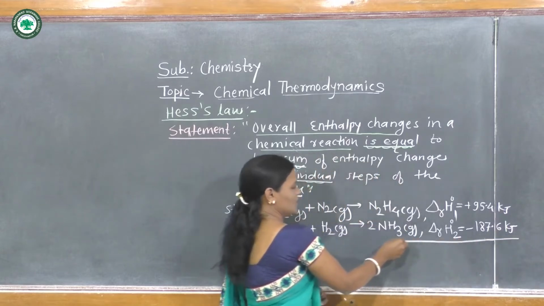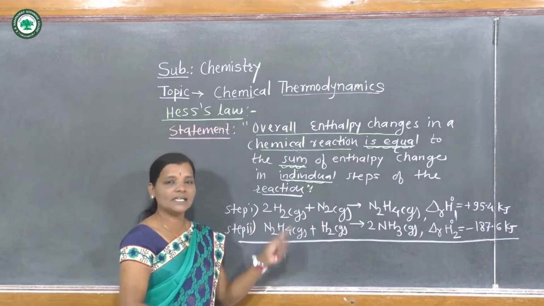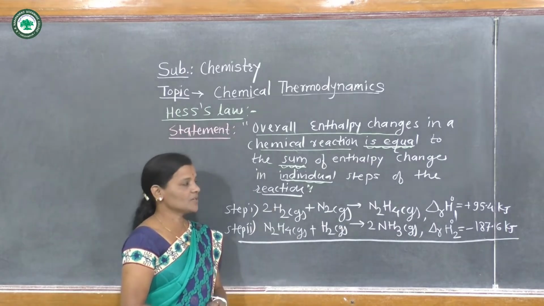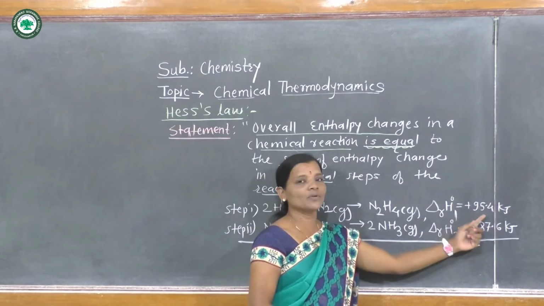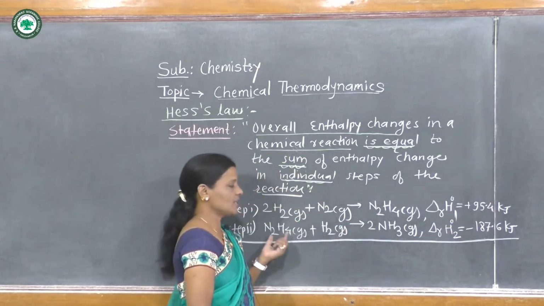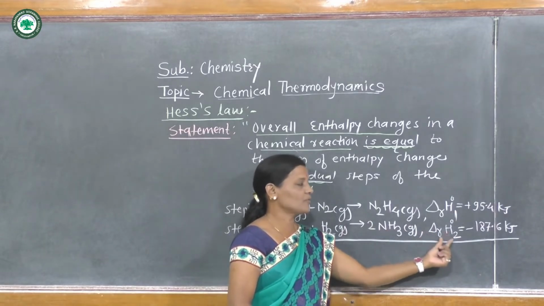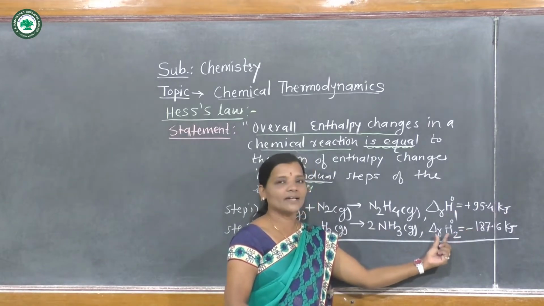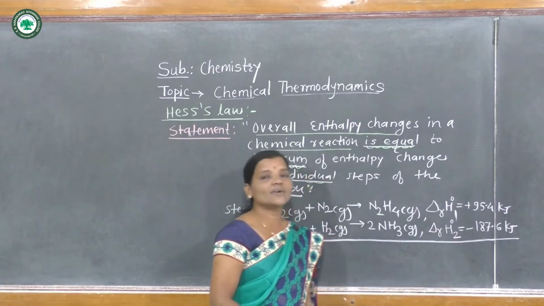So the formation of ammonia takes place in 2 steps, and in the first step the enthalpy change is found to be 95.4 kilojoule, and in the second step the enthalpy change is delta rH2 equal to minus 187.6.